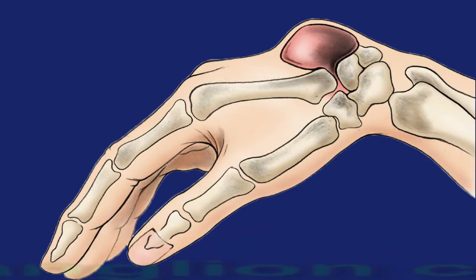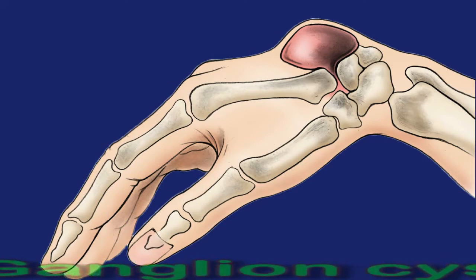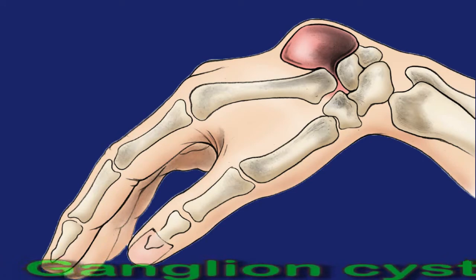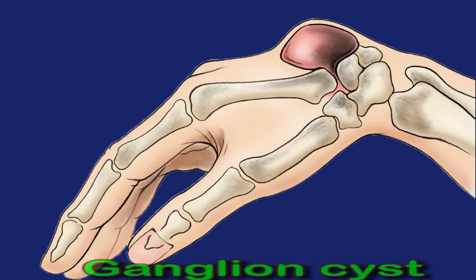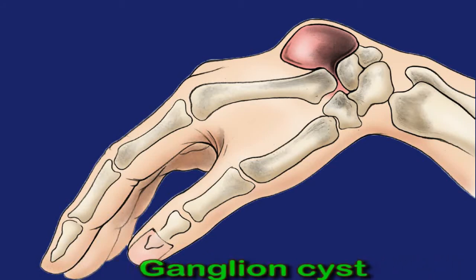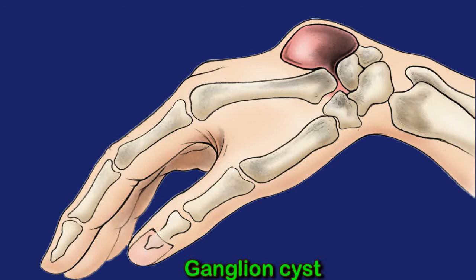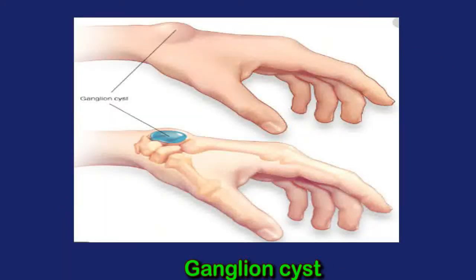Ganglion cyst. Ganglion cysts are fluid-filled sacs that typically form on or near a joint or tendon. According to the American Academy of Orthopedic Surgeons, ganglion cysts are the most frequently forming lump in the hand. They often appear on the back of a person's wrist.